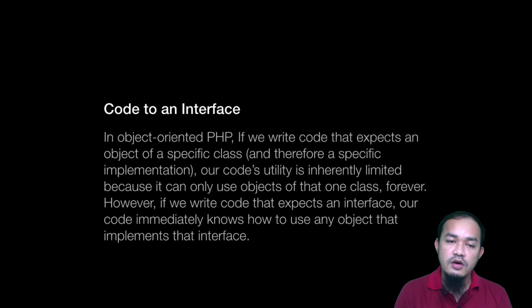In object-oriented PHP, if we write code that expects an object of a specific class, our code's utility is inherently limited because it can only use objects of that one class forever. However, if we write code that expects an interface, our code immediately knows how to use any object that implements that interface.